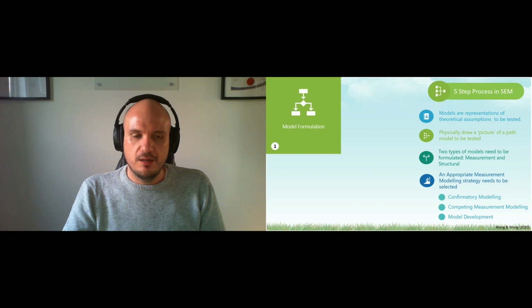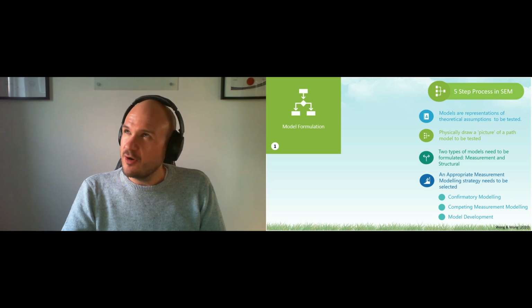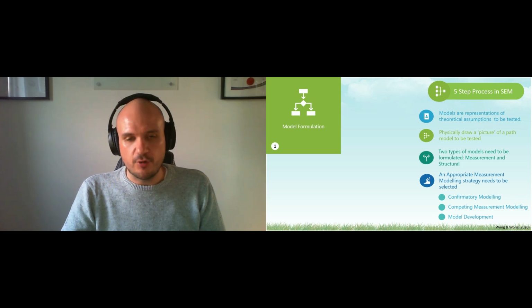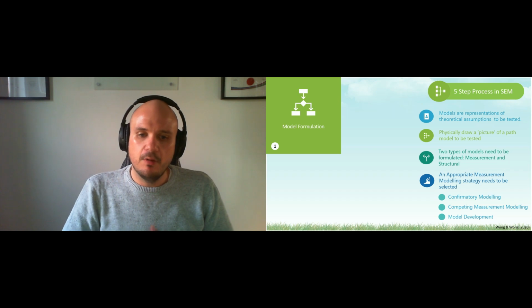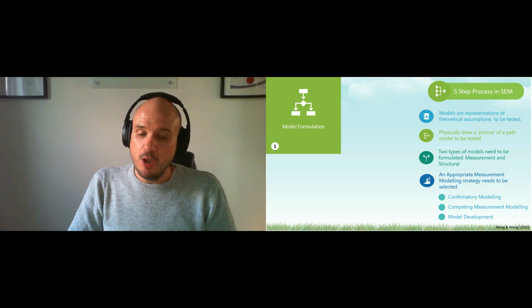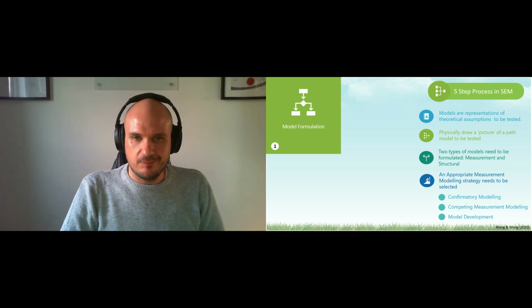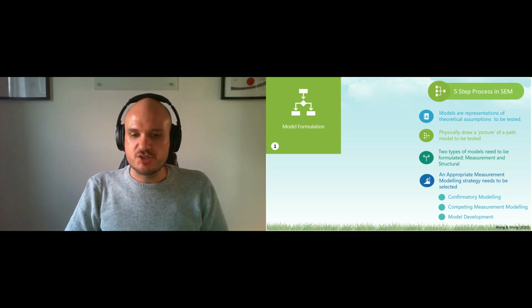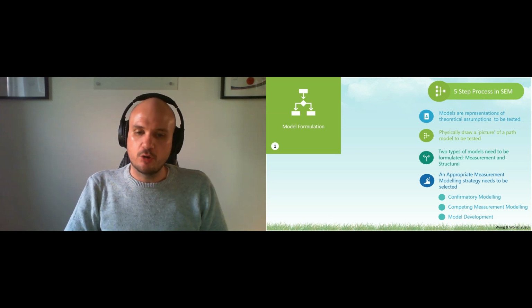So I keep telling you that we need to test competing measurement models with one another, but we have to figure out what's the best model for our data. Now, there are three strategies that you can employ. We usually employ a combination of two of them, but I'll start with the one that you should avoid at all costs. It's called the model development strategy.